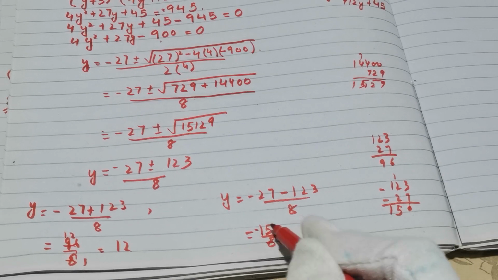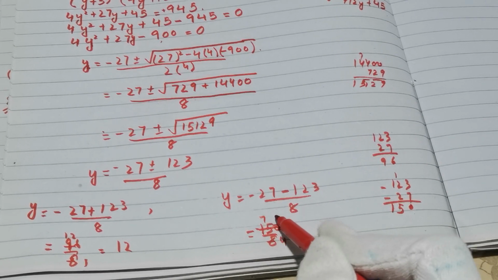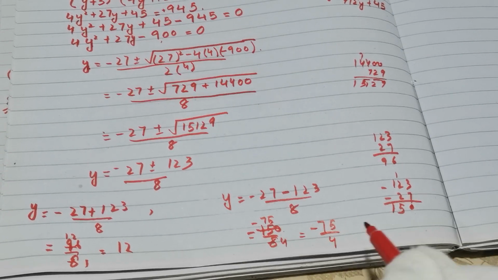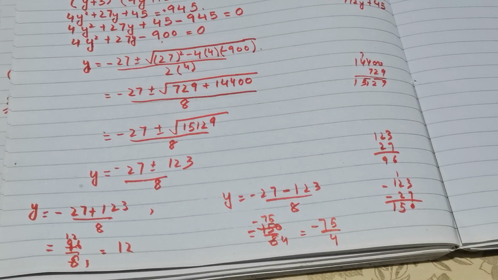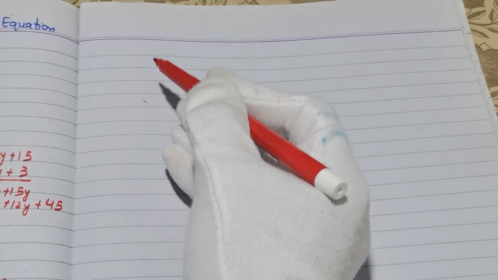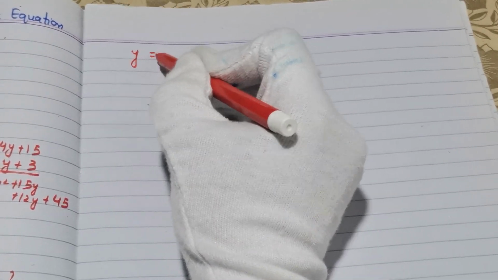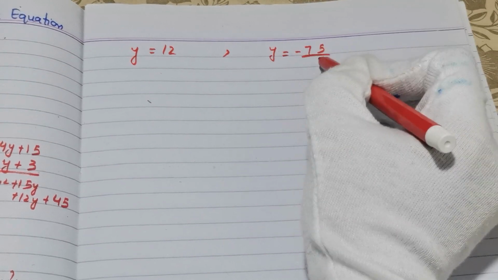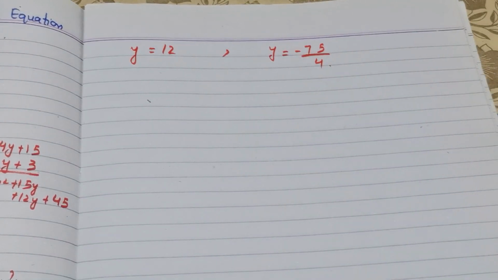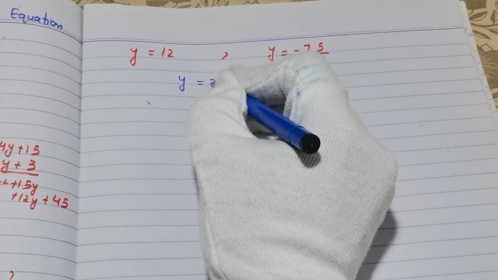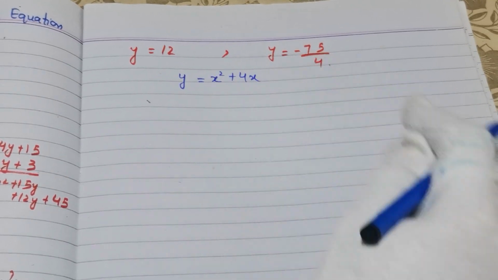2 4s are 8, 2 7s are 14, 2 5s are 10, so minus 75 by 4. Now y is 12 and y is minus 75 by 4, and we consider y is equal to x square plus 4x.